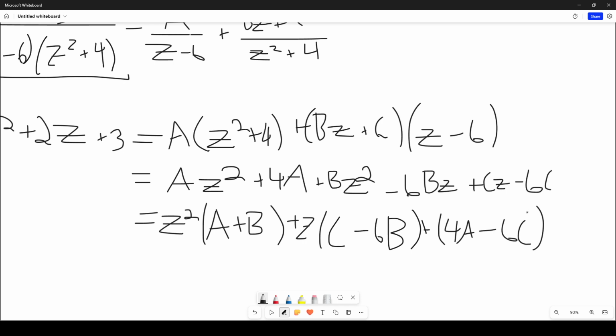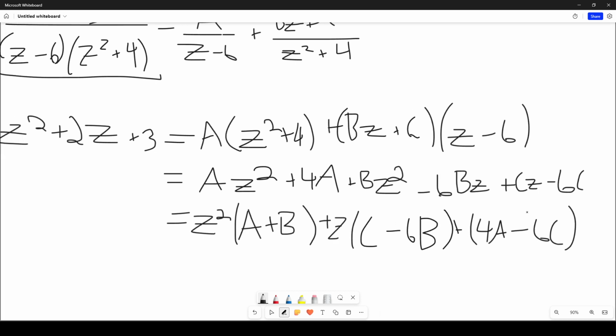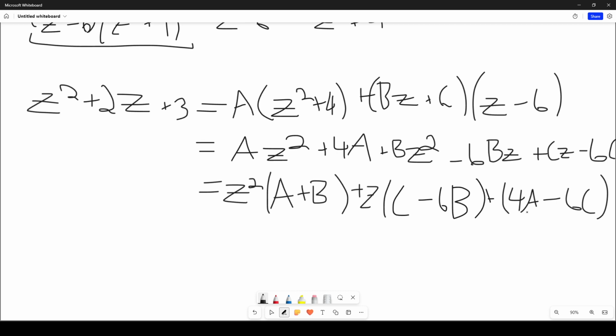Perfect. So here's the trick. We have two polynomials, and let me rewrite this down here: 1 times z squared plus 2 times z plus 3. Let's acknowledge that what we're saying here is that this equation is true for all z. Every single z we pick, this equation is true.